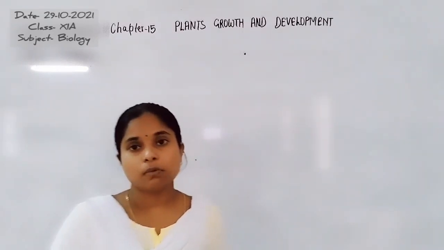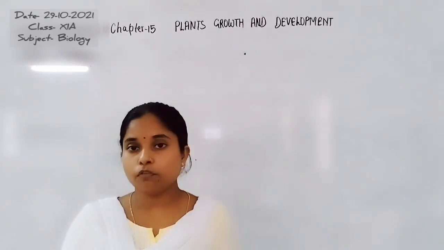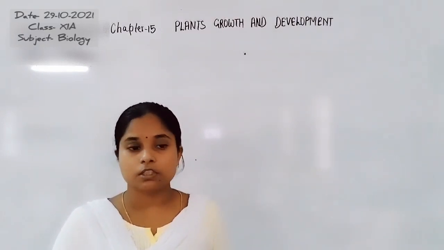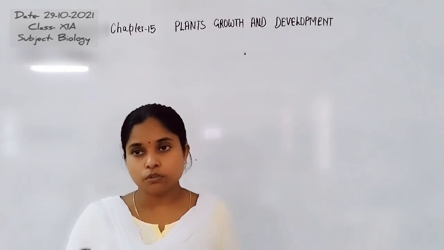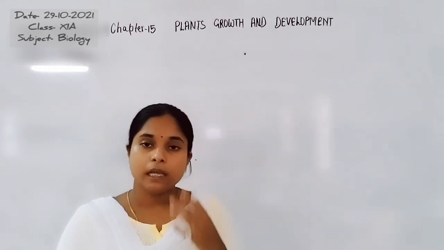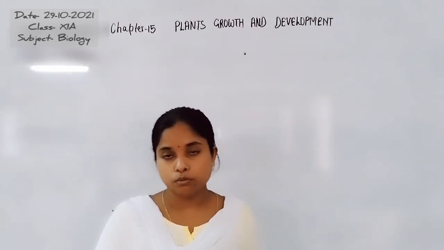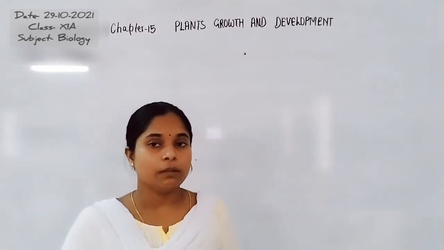Now let us discuss the function of auxin. Simply, the function of auxin is elongation and proliferation of the shoot tip or root tip. They are present in the tip of the root and the tip of the shoot, and they promote apical dominance.